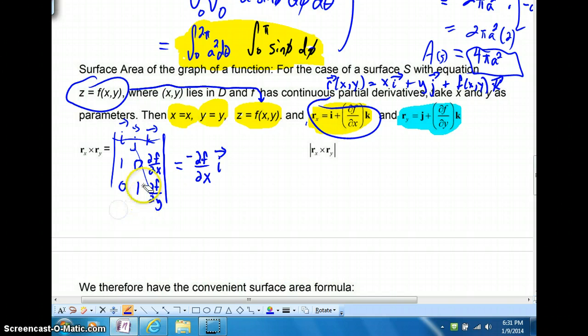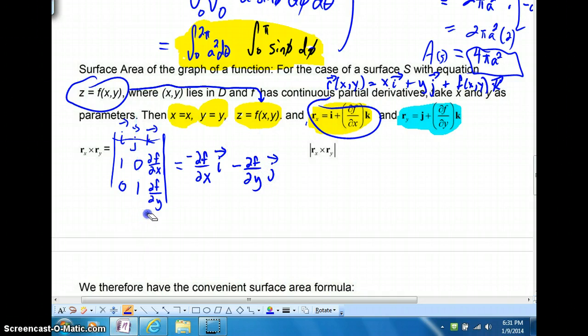Well, then what? We'd immediately jump over to our j, and remember we'd say minus, but notice that for our first diagonal we'd have the partial derivative of f with respect to y, minus 0 times the partial derivative of f with respect to x. So that's all you're left with.